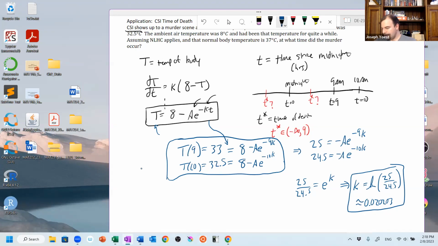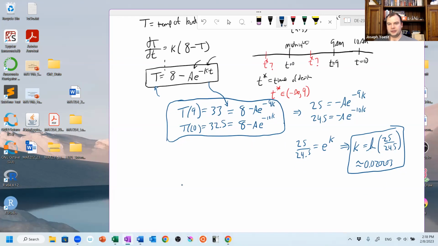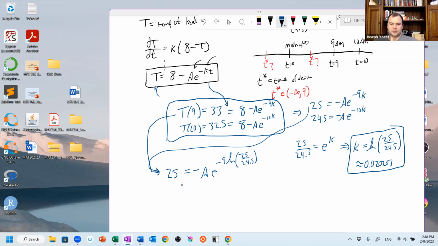So I've got k. How do I find a? Let's take the T of 9 equation, because it's simpler. I have 25 equals negative A, e to the negative 9 log 25 over 24.5. And what do I need to do here?